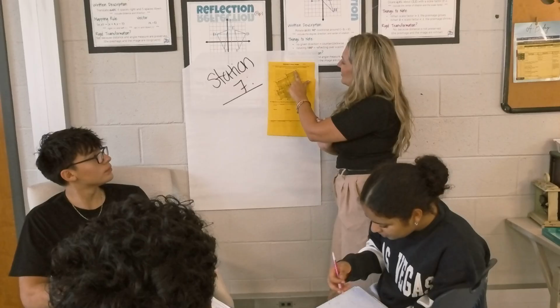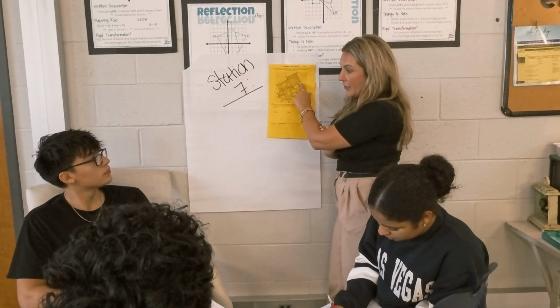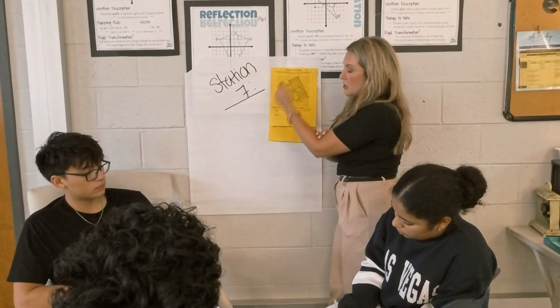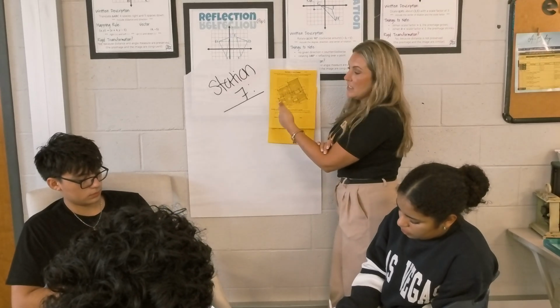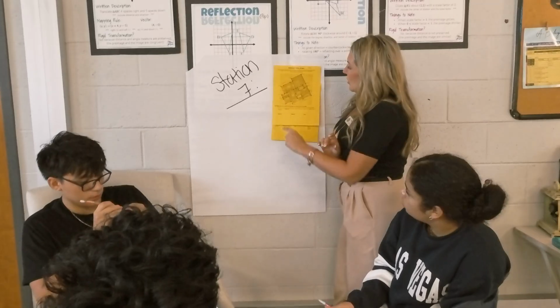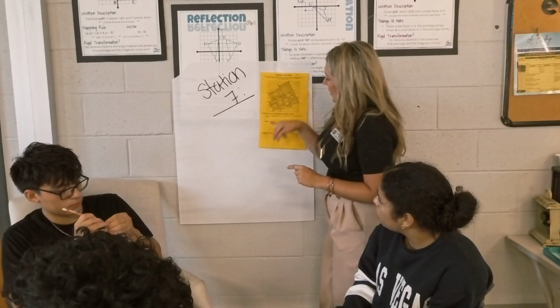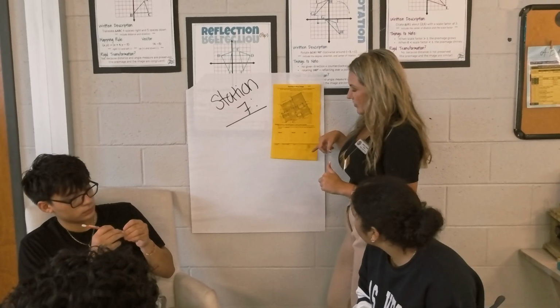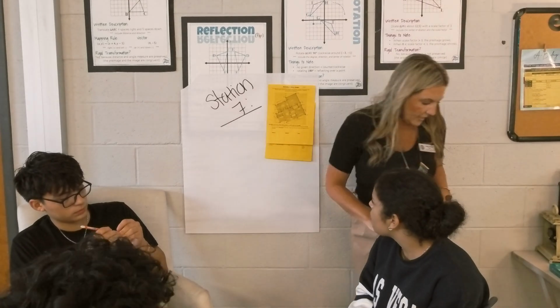So yes, it has 2 diagonals, so it's easier to prove a square by using the diagonals than to do the slope and distance for all 4 sides. That makes sense? Okay, so you know what the diagonals are and you know what you're supposed to be doing. Yeah? Are you gonna let me know if you need help? Yeah. Okay. Thank you.